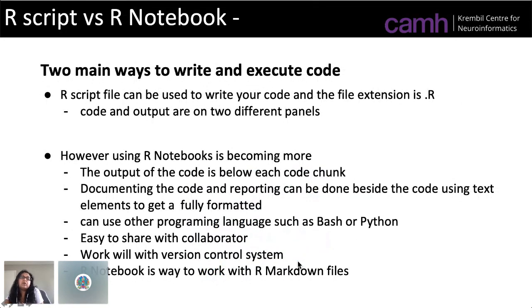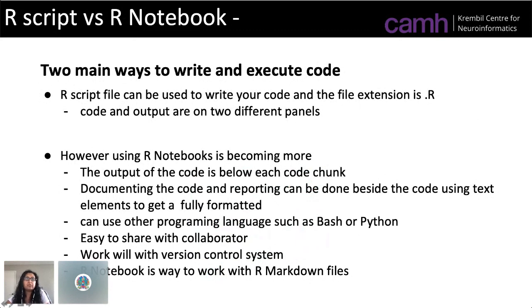What you find is a lot of people using R script or R notebook. An R script can be used to write your code, and the file extension for that is .r. When you write your code, as you saw in the interface of RStudio, the panel below it shows the output, so you're using two different panels.